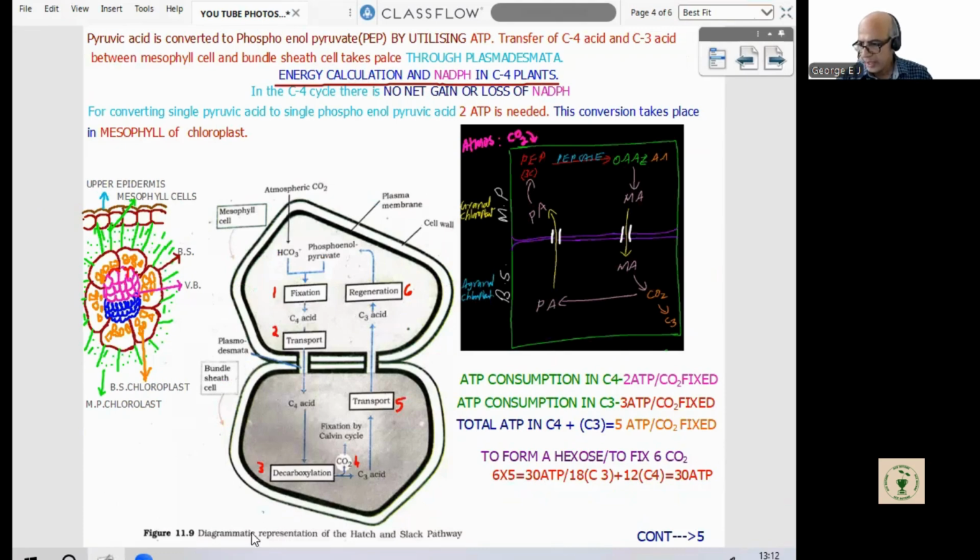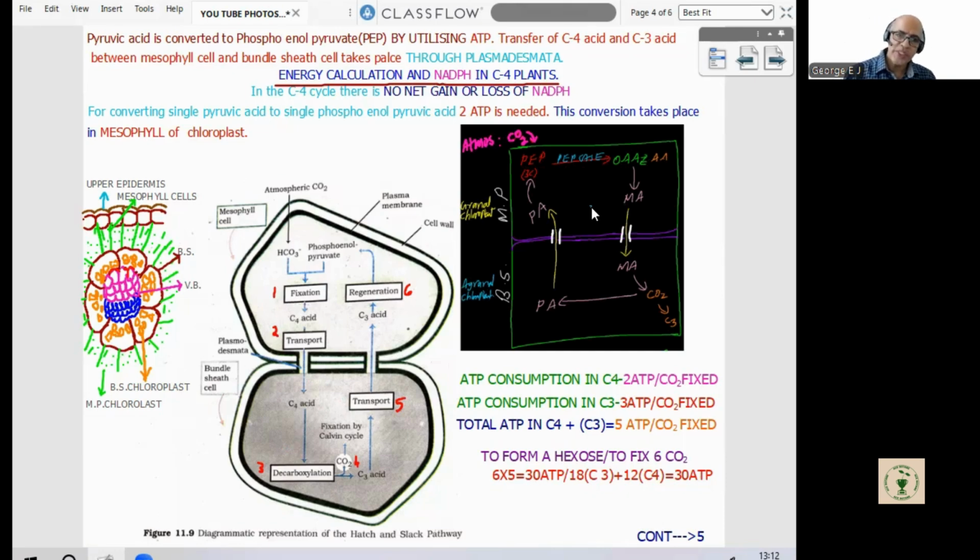That is why here you cannot observe many chemical names. Here I specifically wrote them, so it will be easy. So carbon dioxide, CO2, will be coupling with a 3-carbon acid, phosphoenol pyruvic acid, present in the mesophyll. In these mesophyll cells, the enzyme rubisco is absent.